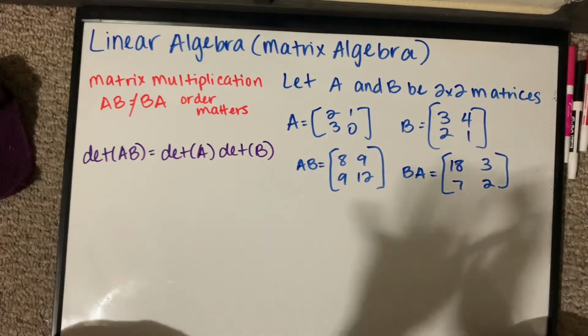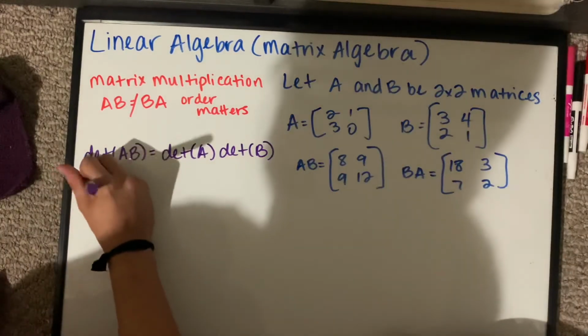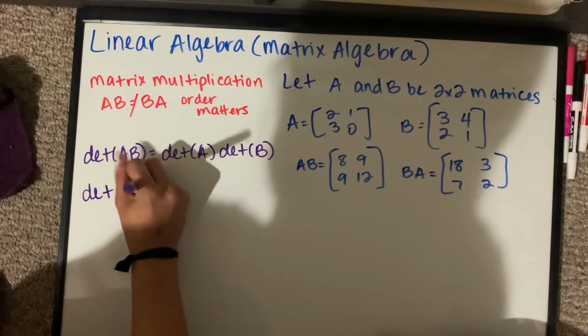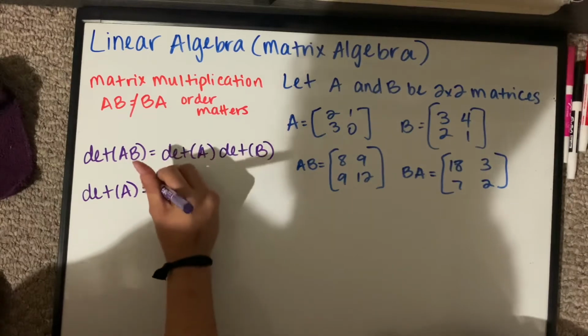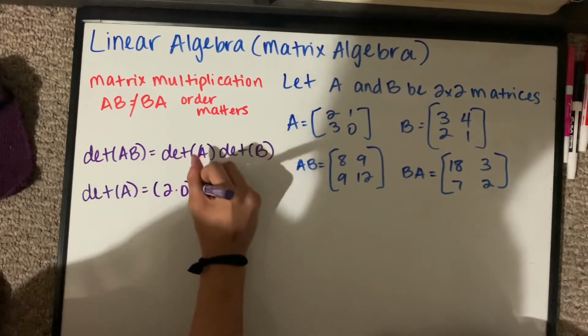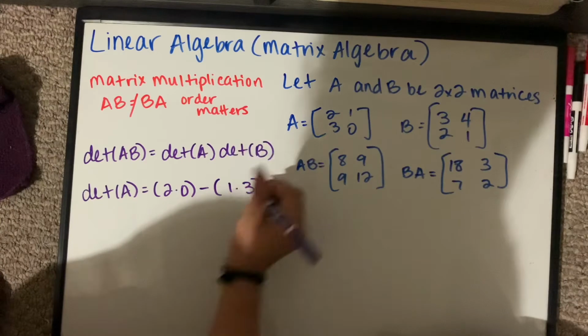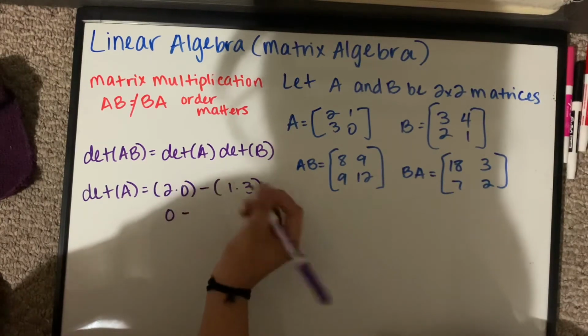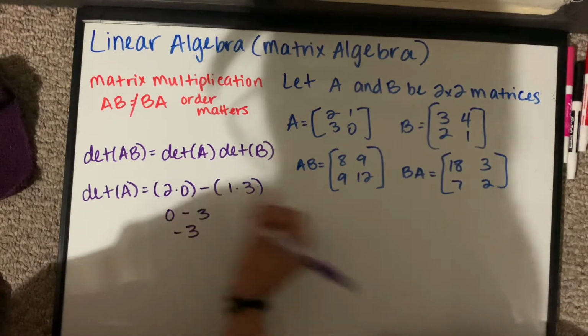So determinant of A is going to be this minus this, and that's going to get us -3.